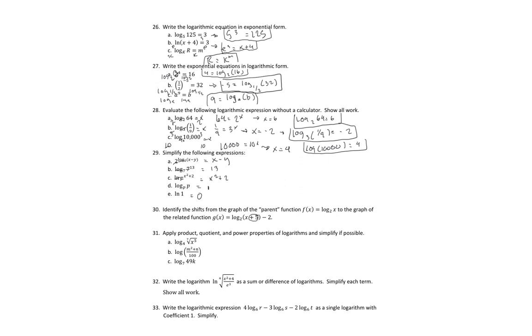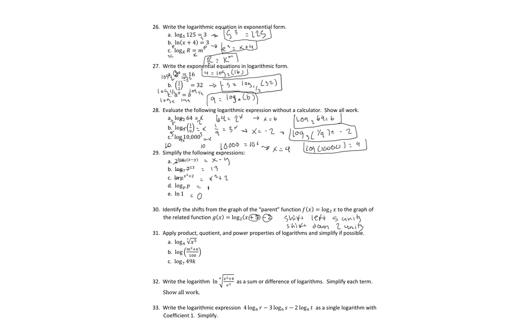So we know that g of x is going to shift left 5 units, and then we have a minus 2 that's being applied on the outside, so it's also going to shift down 2 units.